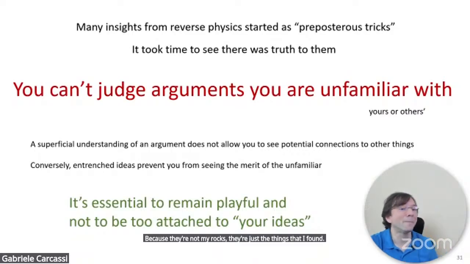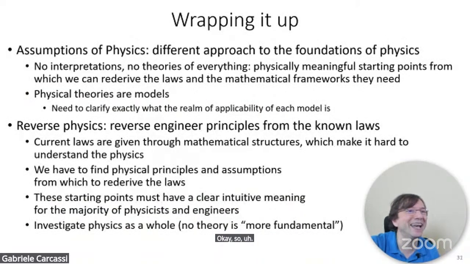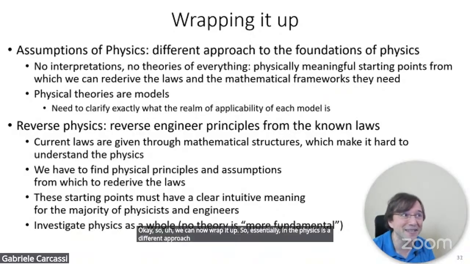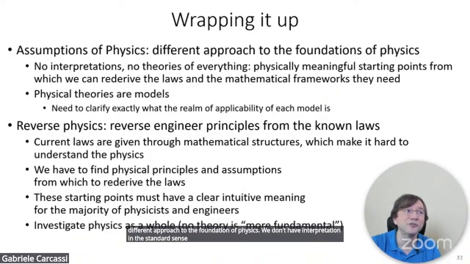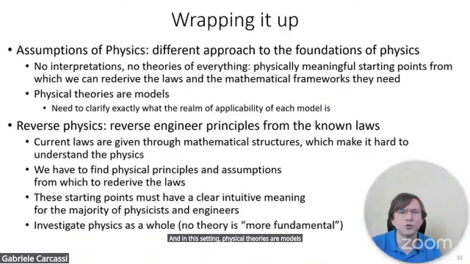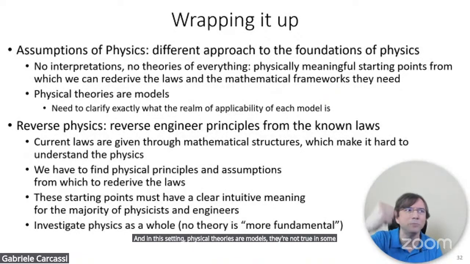Okay, so we can now wrap it up. Assumption physics is a different approach to the foundation of physics. We don't have interpretation in the standard sense. We're not going to try to find a theory of everything. We just want the physically meaningful starting points from which we can derive the laws and the mathematical framework they need. In this setting, physical theories are models. They're not true in some objective sense.